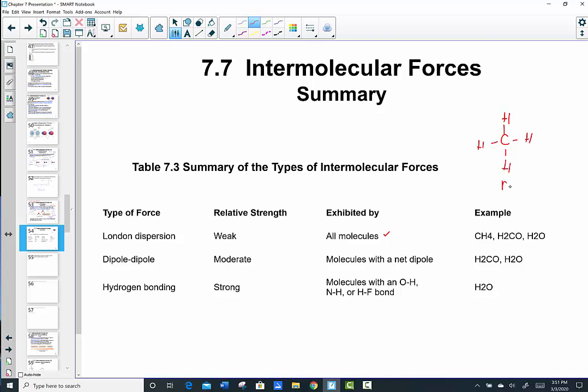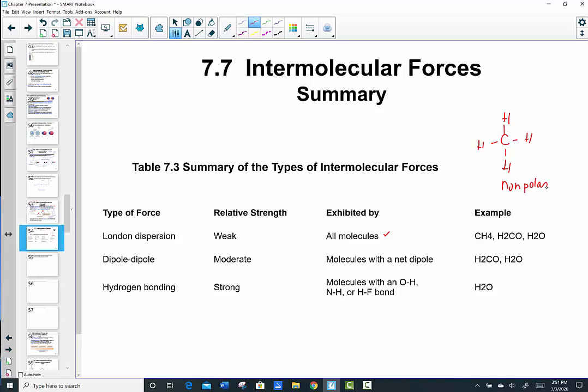Methane is a non-polar molecule. It has nothing exciting at all in that structure. H2CO could exhibit a London dispersion force because all molecules exhibit London dispersion forces.